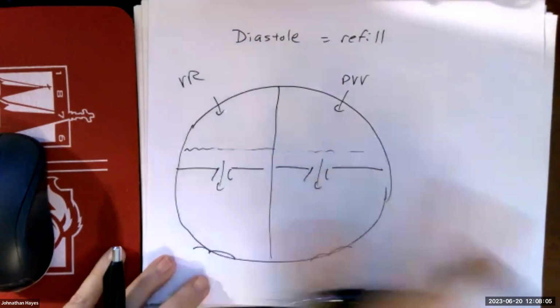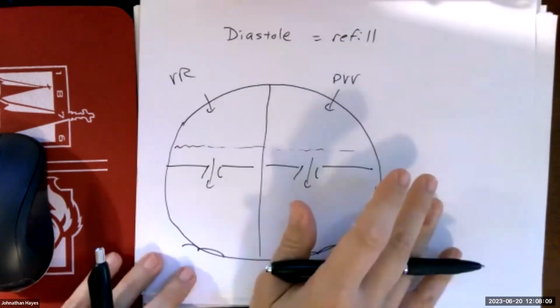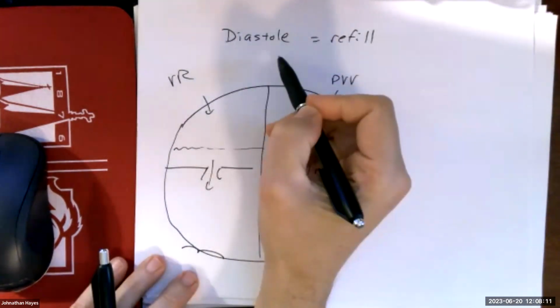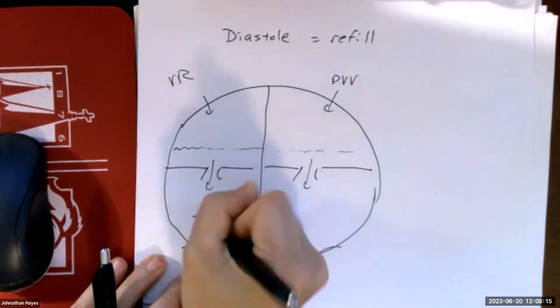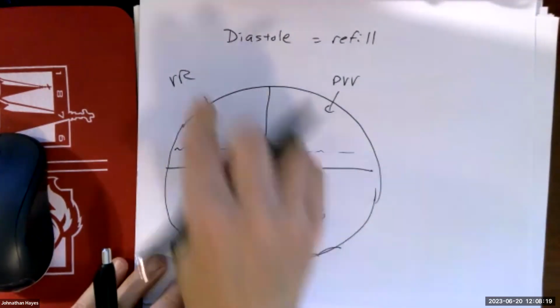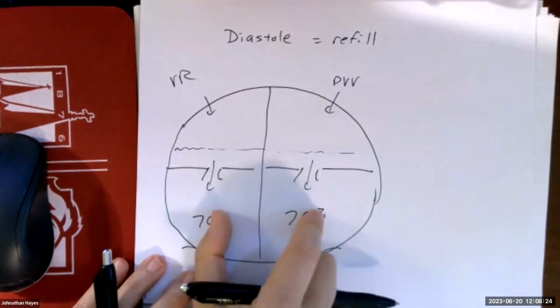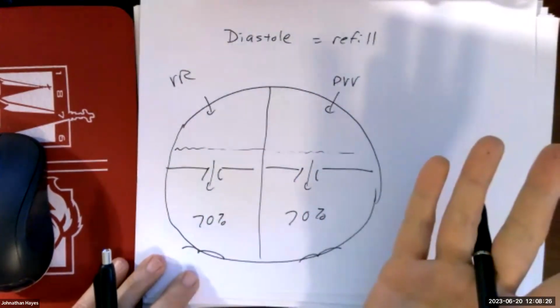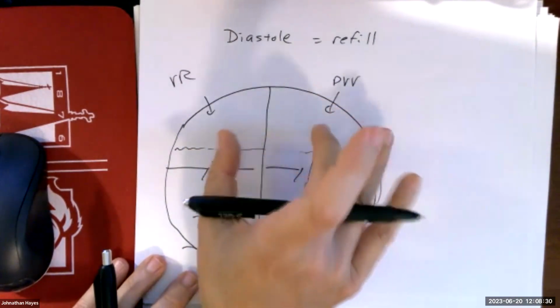So how long does that occur? How full do we need to get before that no longer happens? During diastole, when we're refilling the ventricles, the first 70% of diastole is passive, meaning as the blood's entering the atria, it'll just passively go into the ventricles without any help or assistance whatsoever, because as blood enters the atria, that increases internal atrial pressure.